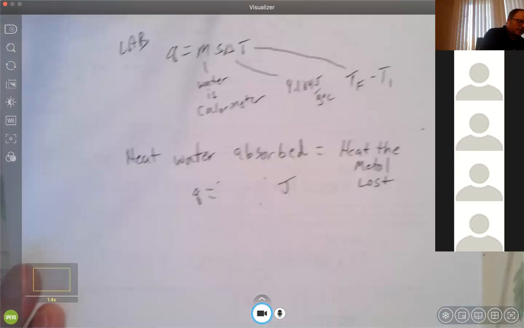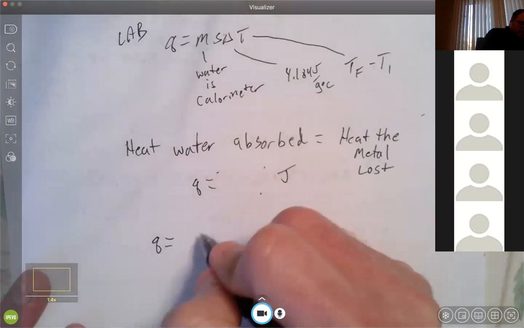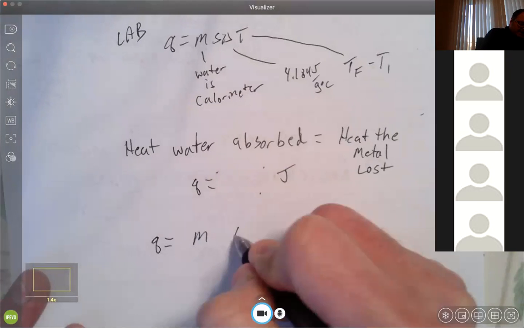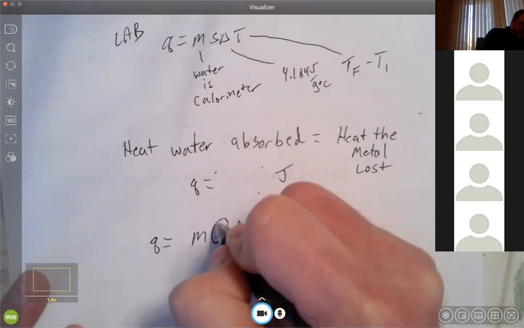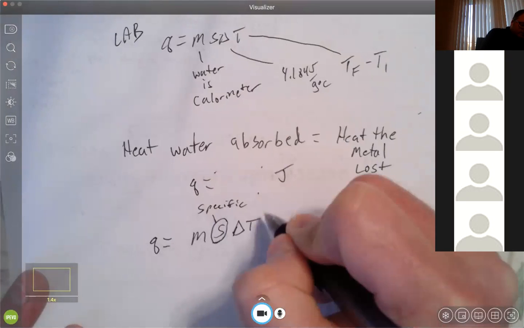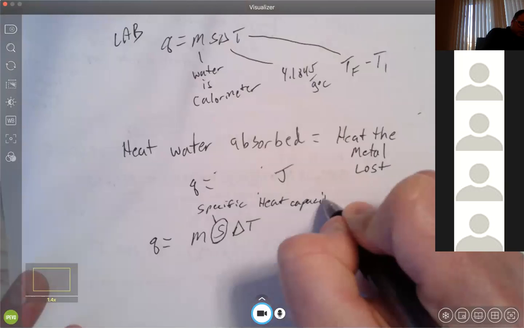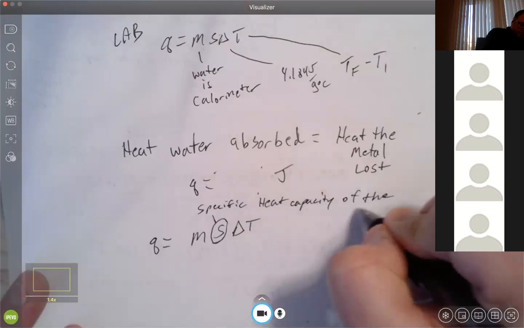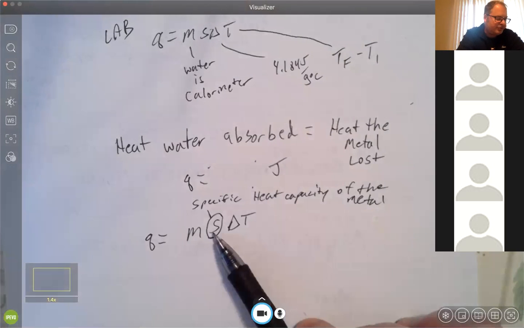So now we have Q, m, s, and delta T. What we don't know is the specific heat capacity of the metal.